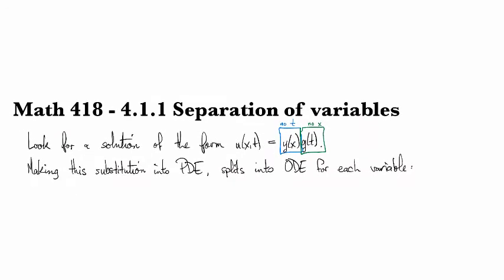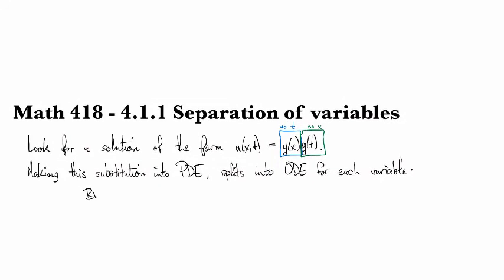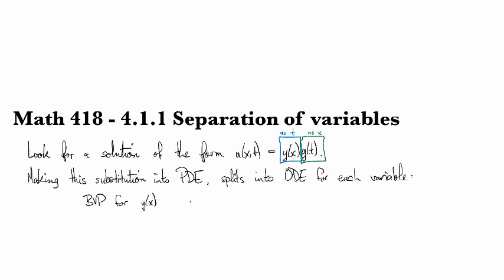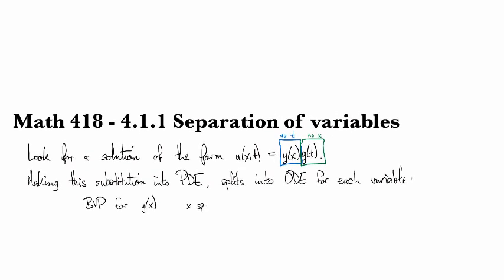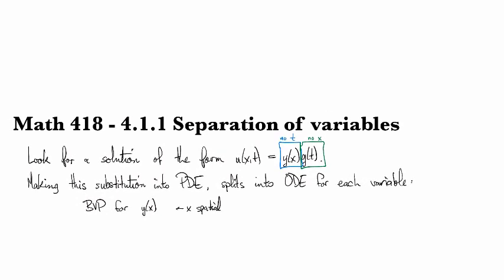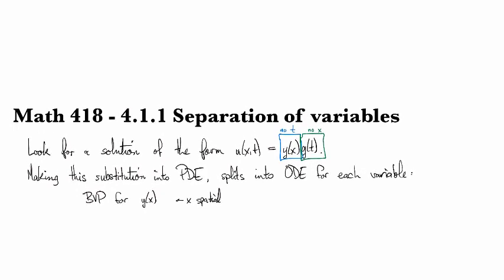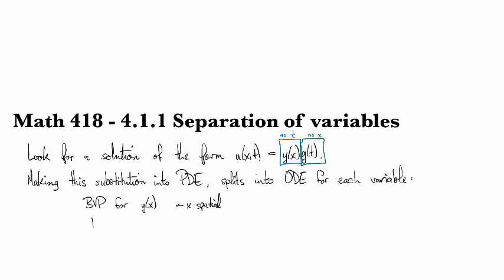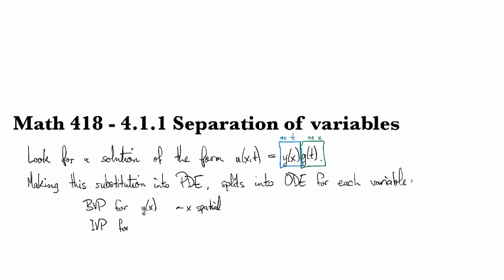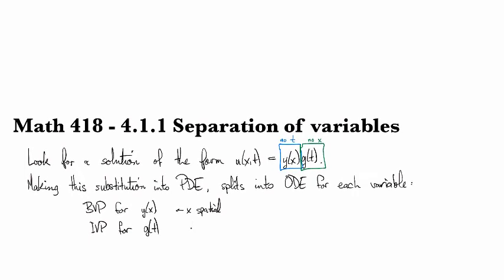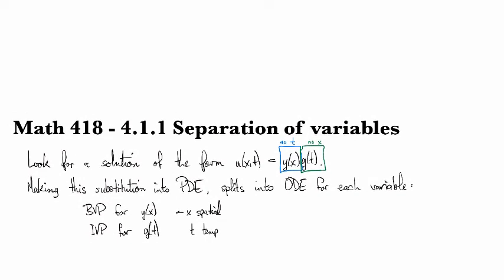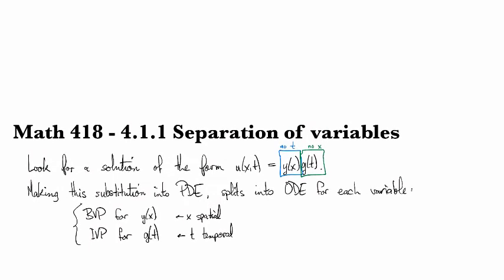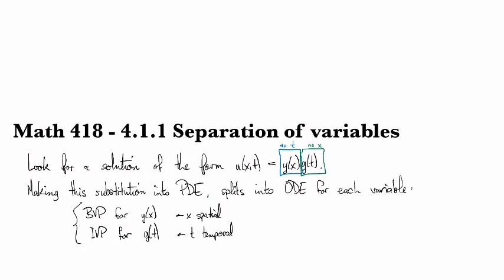And so what we find is that we end up with a boundary value problem for y, and notice that x is the spatial variable, and it's going to give us an initial value problem for g, and notice that t is the temporal variable. So we'll get two problems, and then we can solve these through whatever means necessary.